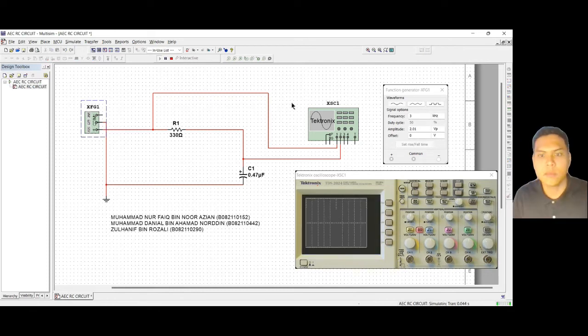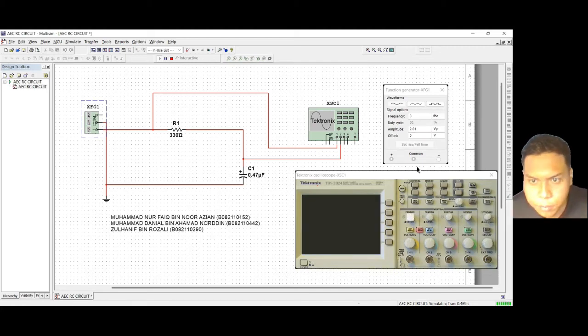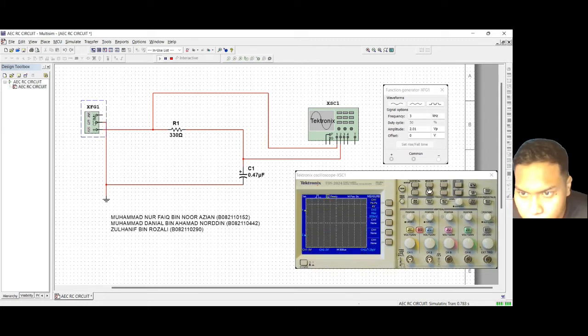As you can see, the Tektronix oscilloscope already shows a waveform. I already clicked on the auto set and the measure button, and I already set the value here to find the V out.